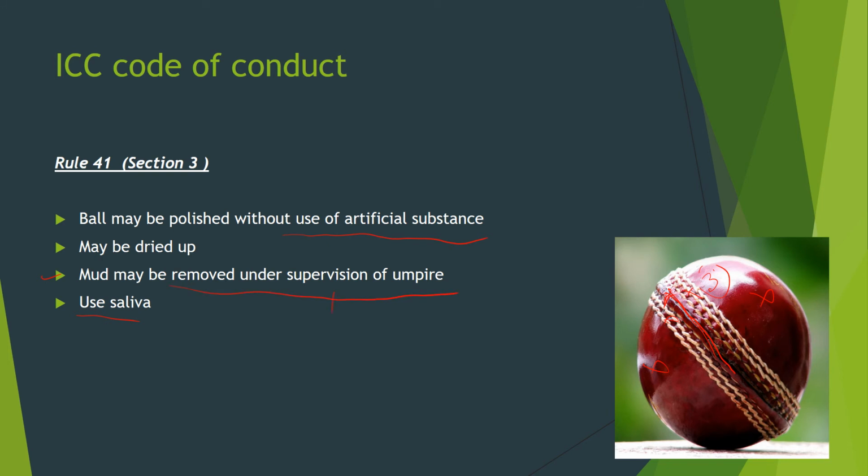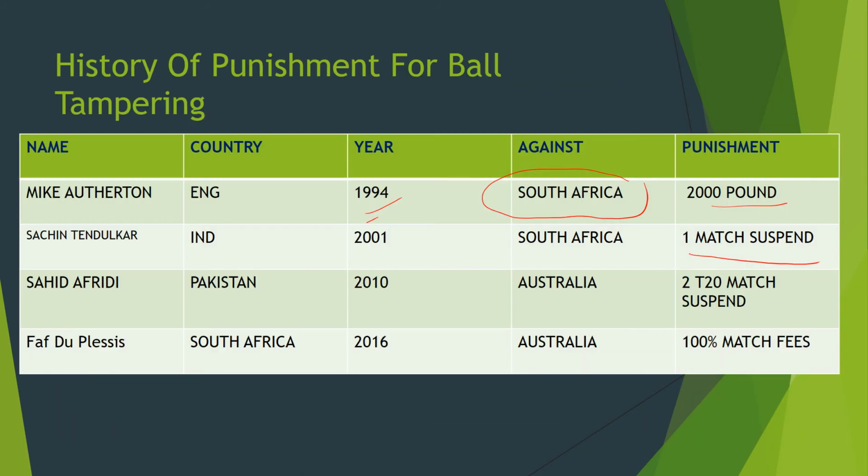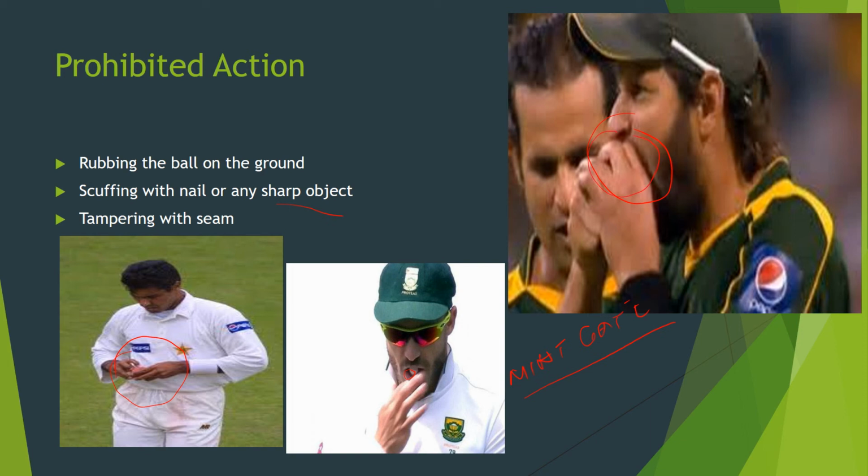So doing it without the supervision of the umpire is also ball tampering. He got a one-match suspension. Shahid Afridi in 2010 got a two-T20-match suspension because he tried to bite the seam so that the ball could get reverse swing.